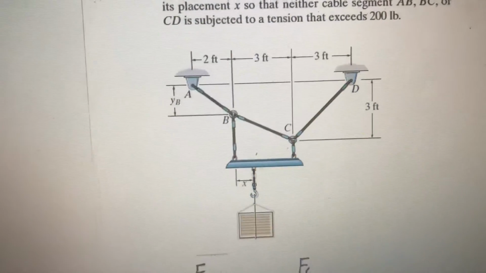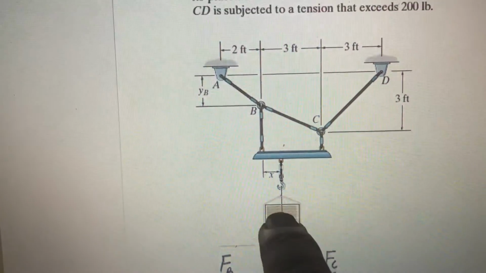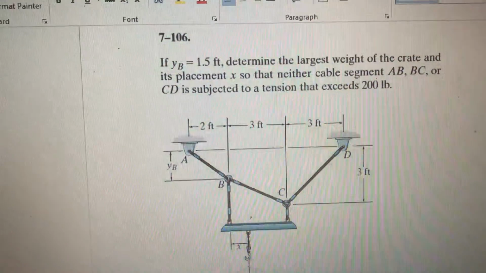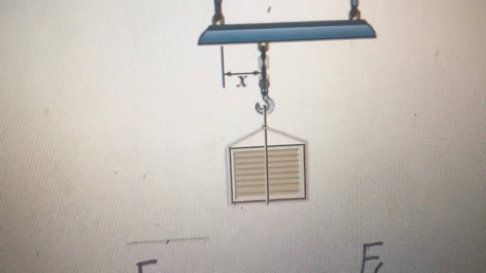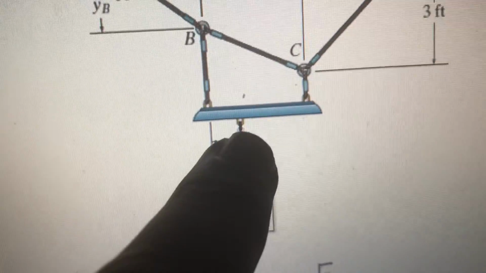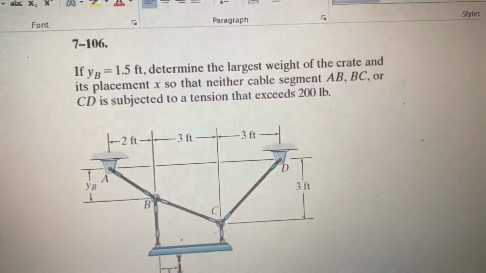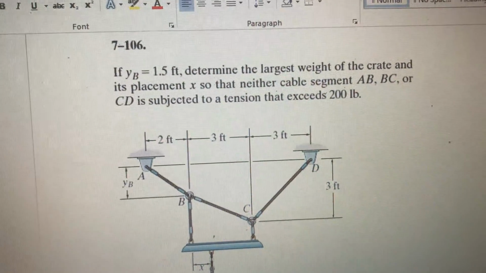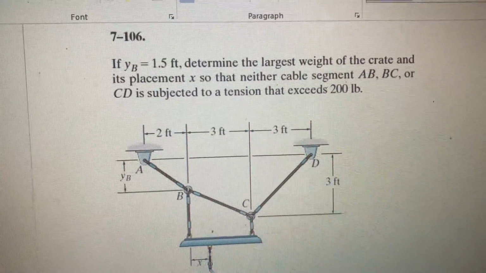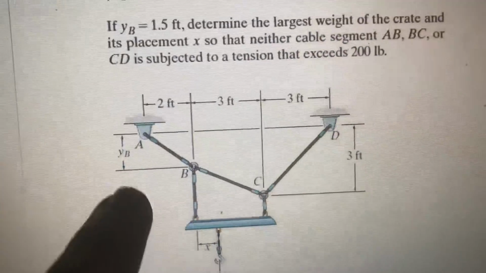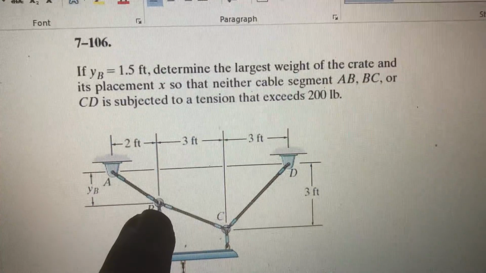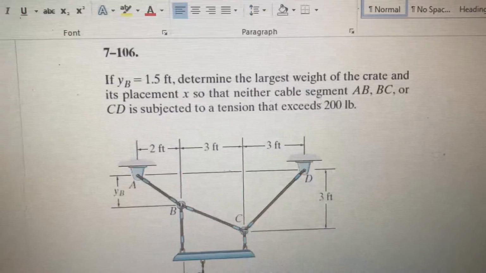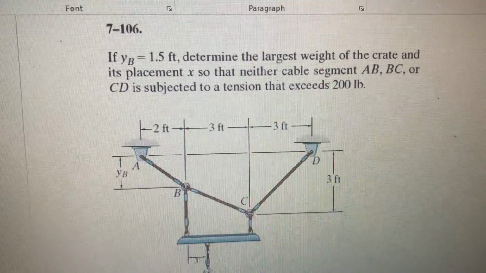So he wants to know the weight of the crate and the distance X. Determine the largest weight of the crate and its placement X so that neither cable segment AB, BC, or CD is subjected to a tension that exceeds 200 pounds.